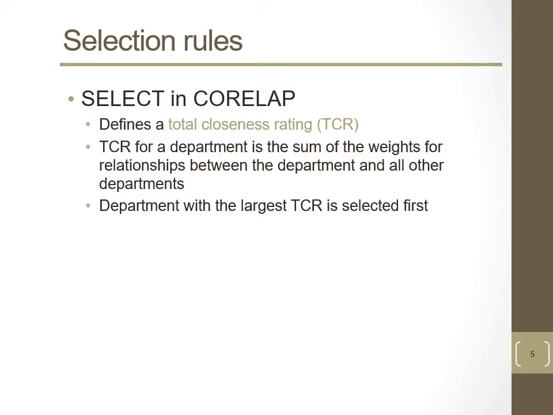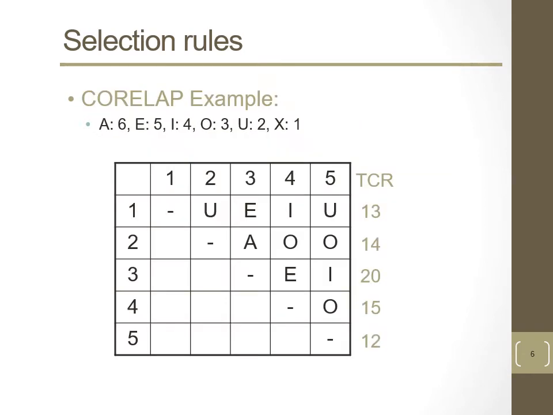For each department, we calculate the TCR. To calculate it, we check the relationship of this department with all others, and we take the sum of these weights. Then we have these TCR scores for all departments, and we select the department with the largest TCR as the first department to be placed.